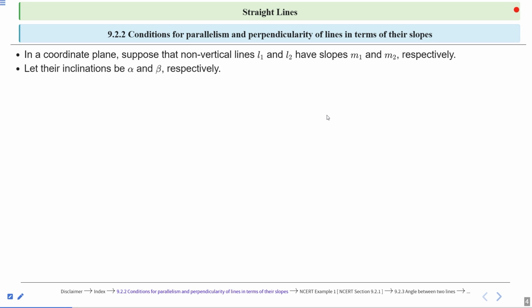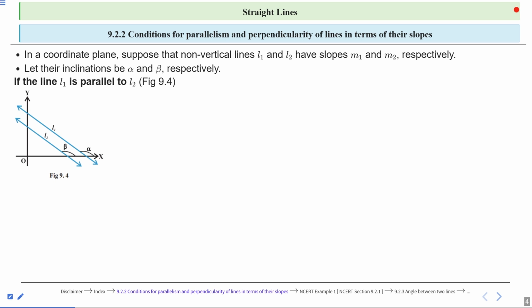Let their inclinations be alpha and beta. The inclination of the line L1 is alpha and the inclination of the line L2 is beta.